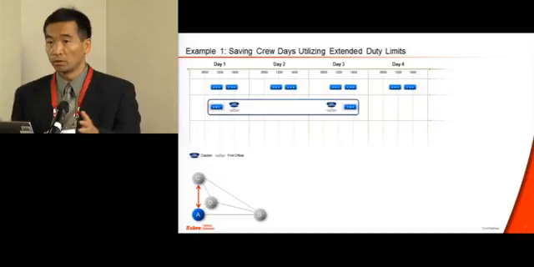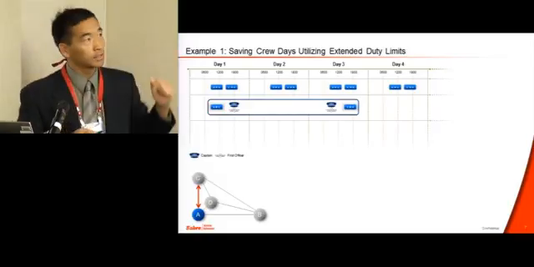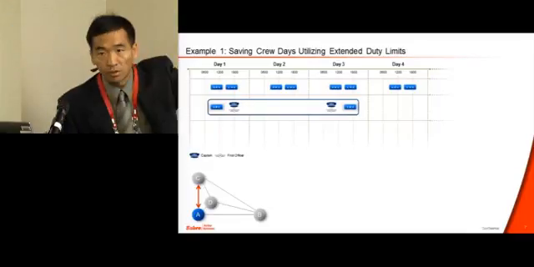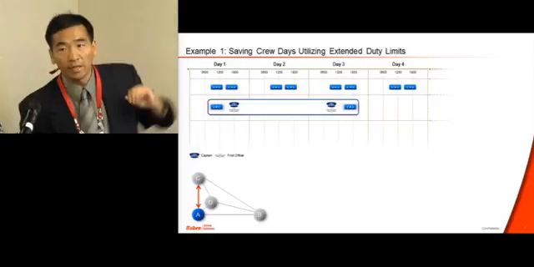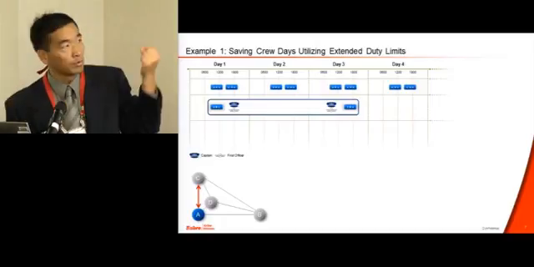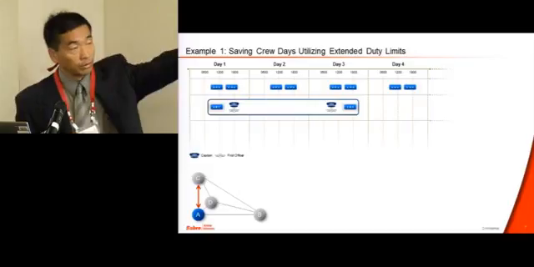Here are examples where I show you how this happens. In the first example, on the bottom corner, you have the stations. We have flights between A and C, out and back. On the top row, you have the daily schedule, two flights between A and C, flying out and coming back to A. The second row is one solution to cover these flights.